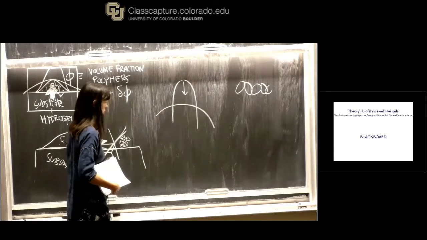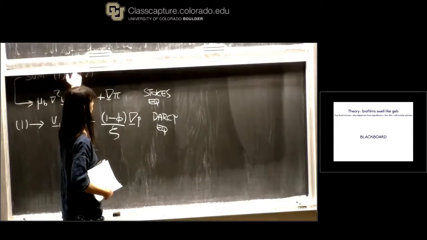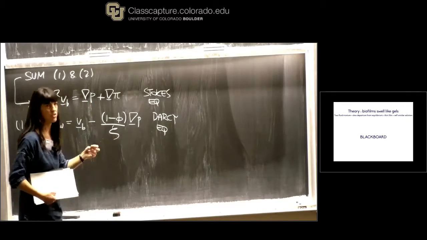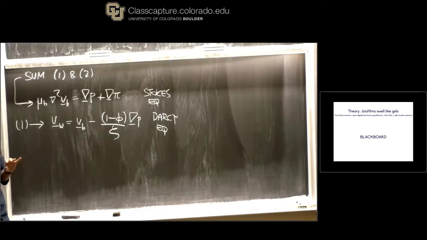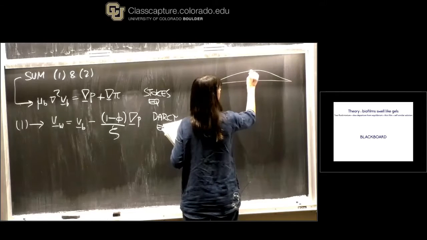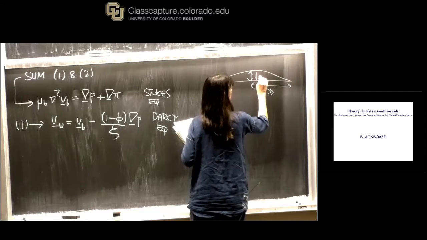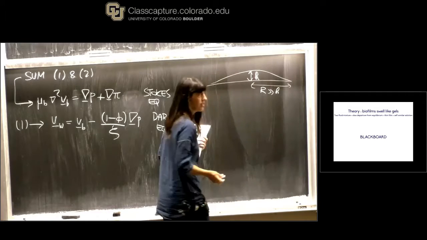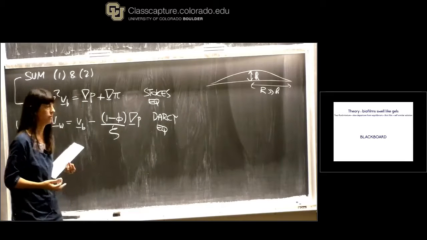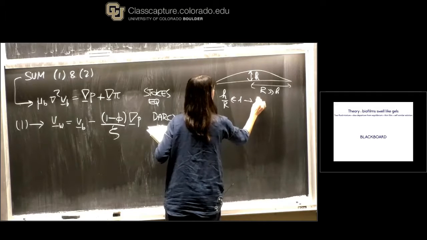Now we have the equations, and we can put them in a computer, or do what people in fluid mechanics often do, which is find a small parameter and expand in it. Here it's pretty obvious because the biofilm is much larger than it is thick. The radius of the biofilm is much larger than its height, so you can make a thin film model. You say h over r is much less than 1, and then you expand.